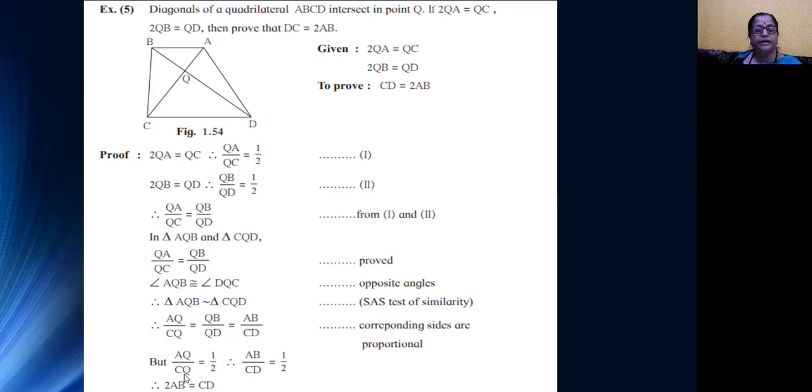Here AQ divided by CQ we have taken as 1 by 2, and next also AB divided by CD we will get as 1 by 2. Therefore, we can prove that 2AB is equal to CD. So it is proved. Thank you.